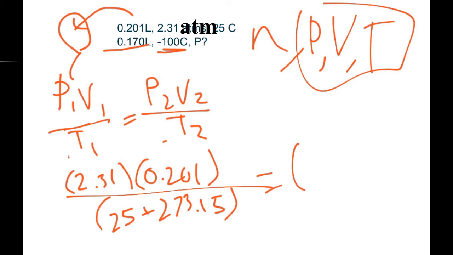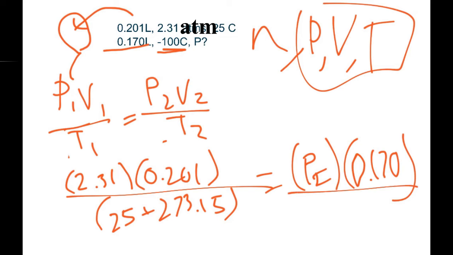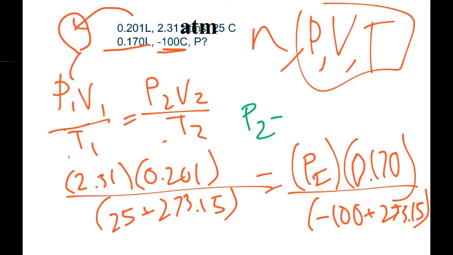This is set equal to P2, which is just P2 because we don't know what that is, and V2 is 0.170, and T2 is negative 100 plus 273.15. Once you solve this equation, you get that P2 is equal to 1.59 atms.